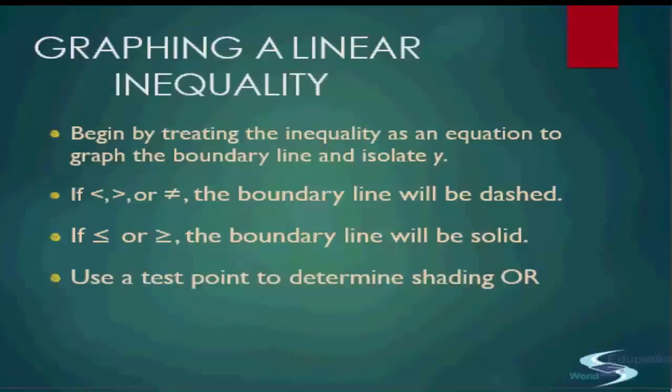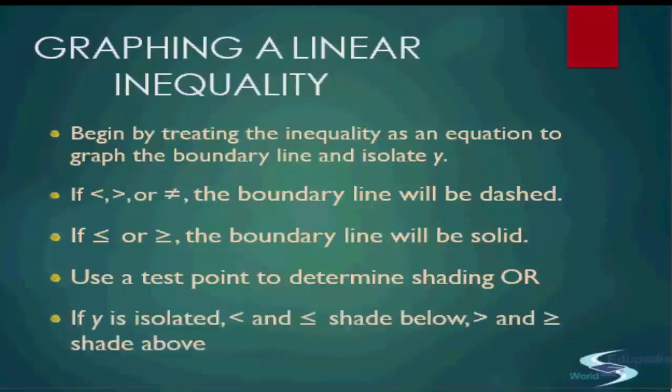Now, in order to know where to shade, and once again, please don't be confused with what I mean by shade. I'm going to go through this with you so you would know what I mean by shading. In order to know what area to shade, we need a test point to determine the area of the shading.